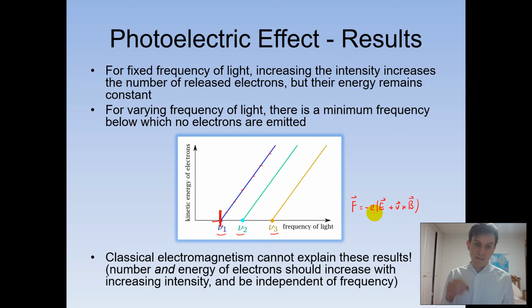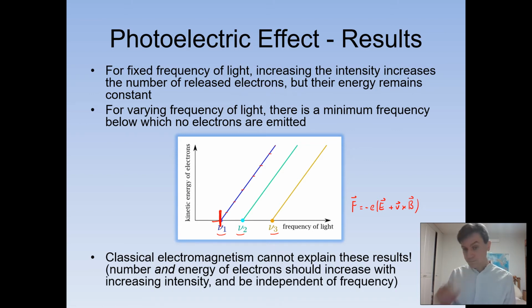So increasing the intensity of the light should increase the size of this field, which should increase the force on the electrons. So you'd expect that more intense light, as well as being able to force more electrons off the metal, should also give them more energy, right? Because there's greater force. But that's not found. It's found that increasing the intensity does not change the energy of the released electrons.